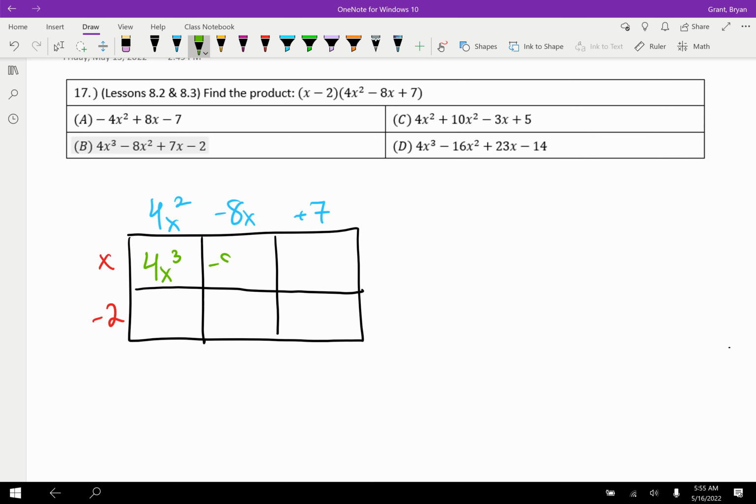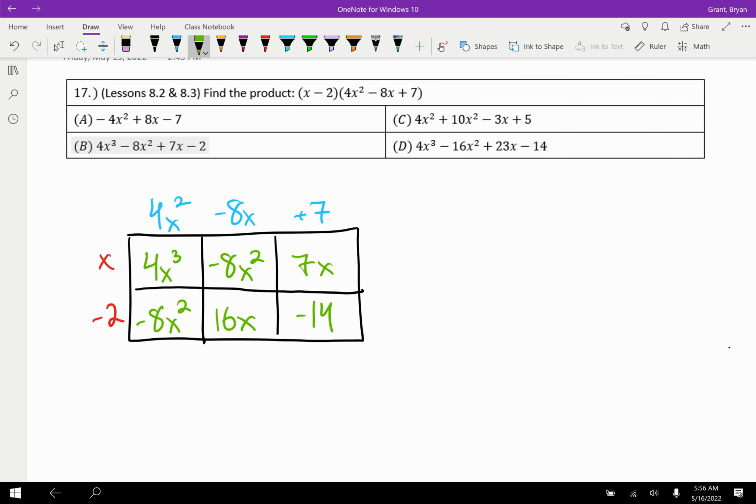Negative 8x times x, negative 8x squared. So notice we are changing the powers with multiplication. We don't do it with addition and subtraction, but multiplying gives more of something multiplying together, so we change the exponent. 7 times x is 7x. We end up with negative 8x squared, positive 16x, and negative 14.